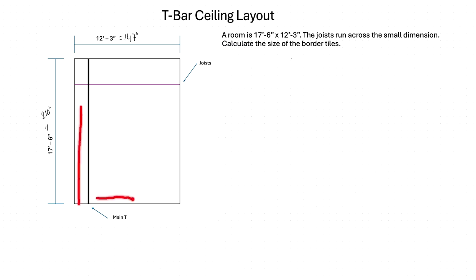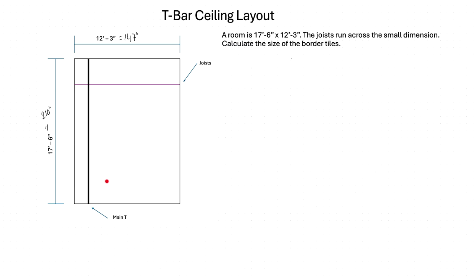The idea is that we always have a minimum of 50%, so minimum half a tile left over. So if the tiles are 2 by 4 feet, on the 2 foot direction we don't want to end up with 5 inches on the end. It just looks real stupid. So we always want to end up with more than half. It just makes it look really nice and even.